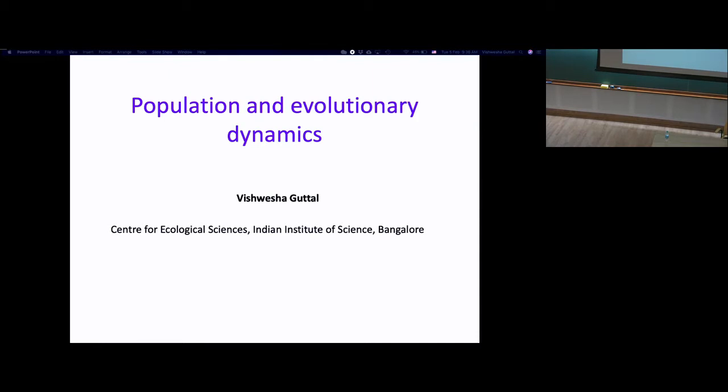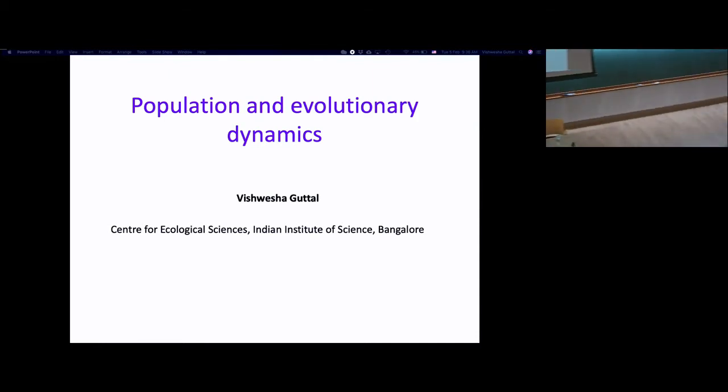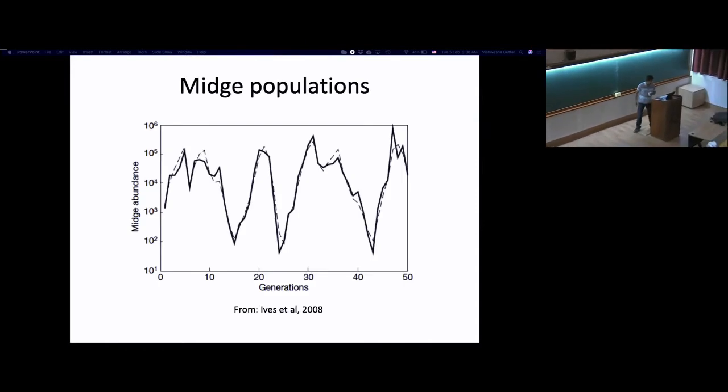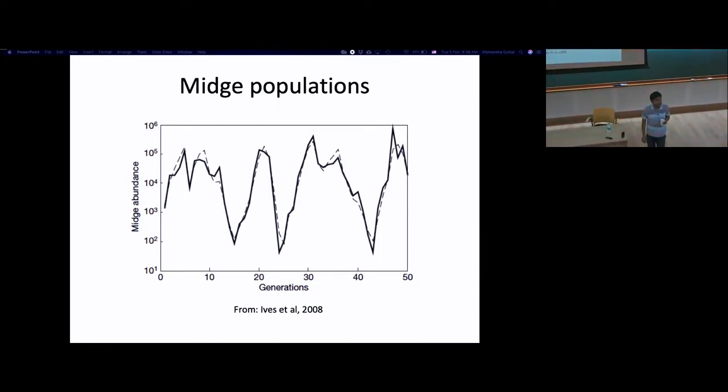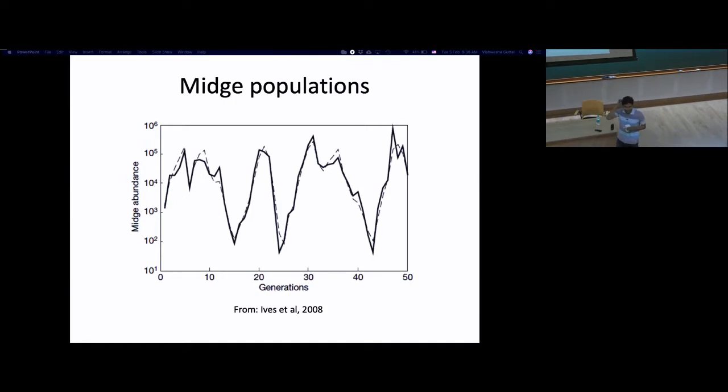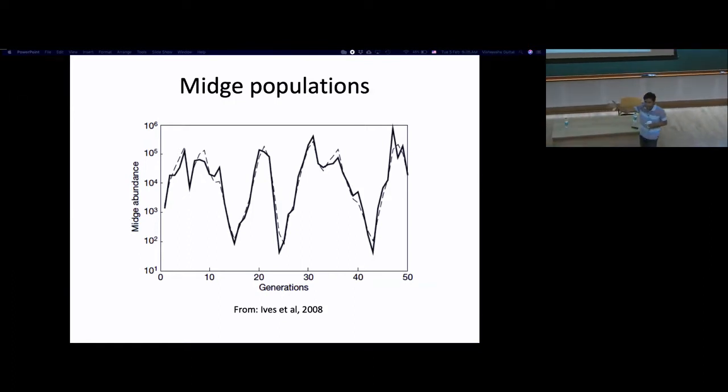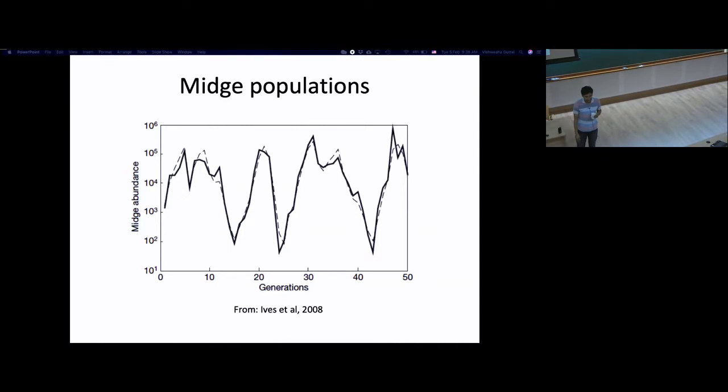Let me show you one graph from a paper that was published a couple of years ago. These are populations of midges. How many of you know what midges are? Okay, half of you don't know. They're really tiny flies. You often find them even on grass lawns in the evening times.